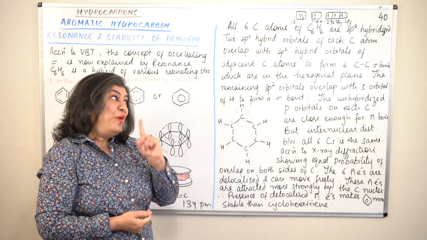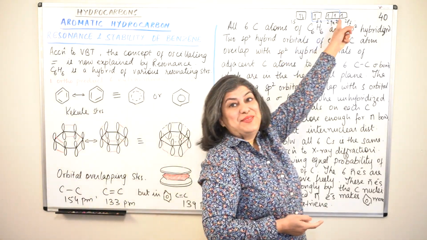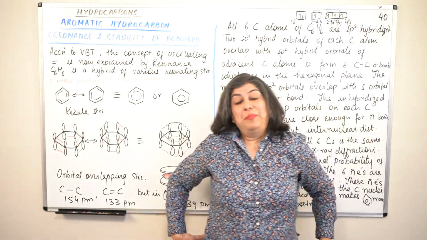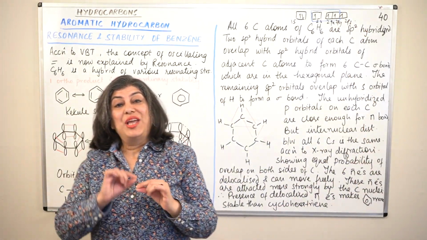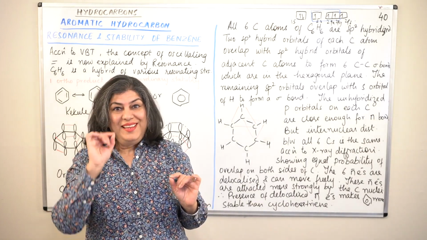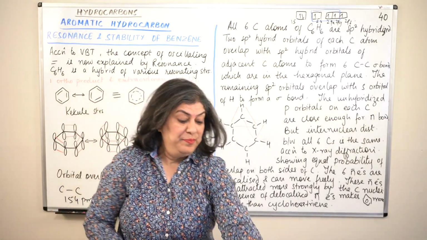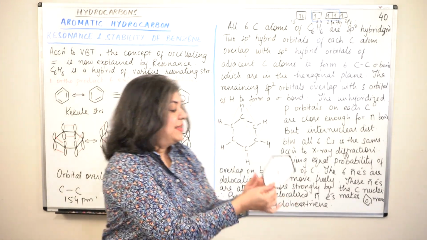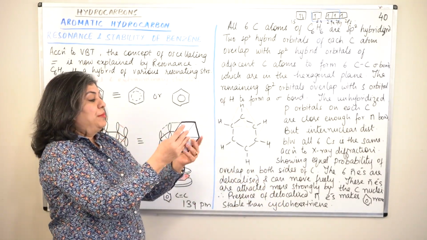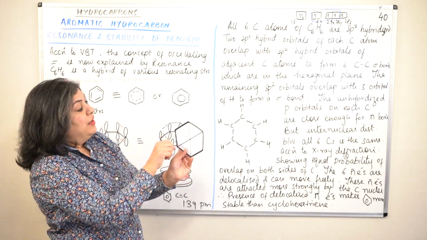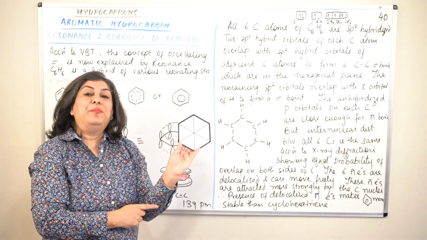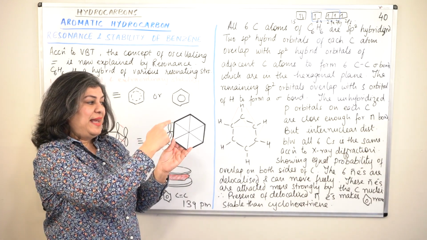But there is one unhybridized orbital. And we know that p orbitals are the shape of a dumbbell. Now imagine I have this hexagon that I had made for some other lecture, but this is the shape of the benzene ring. The benzene ring is hexagonal.